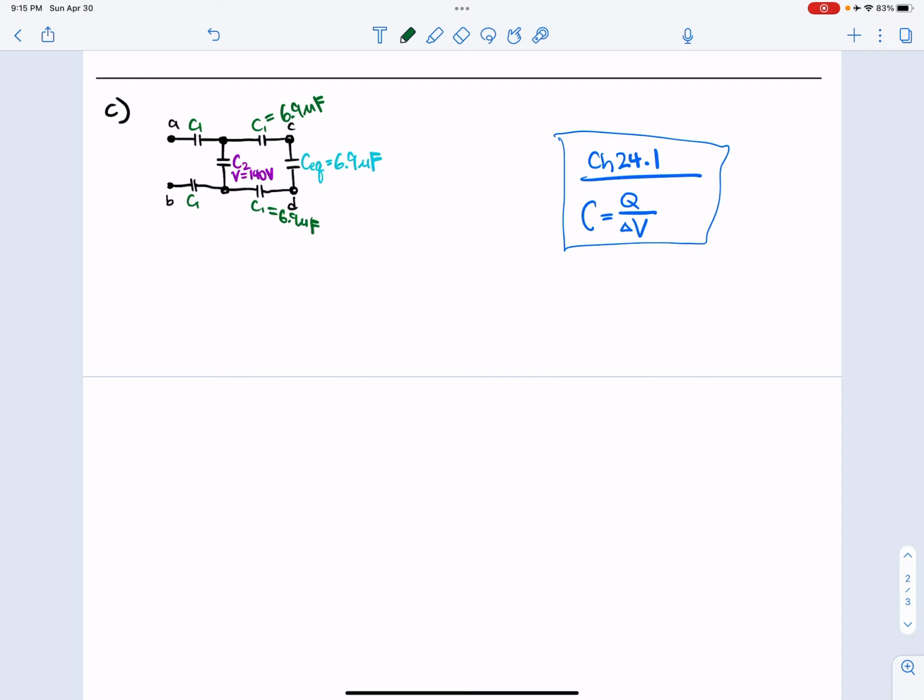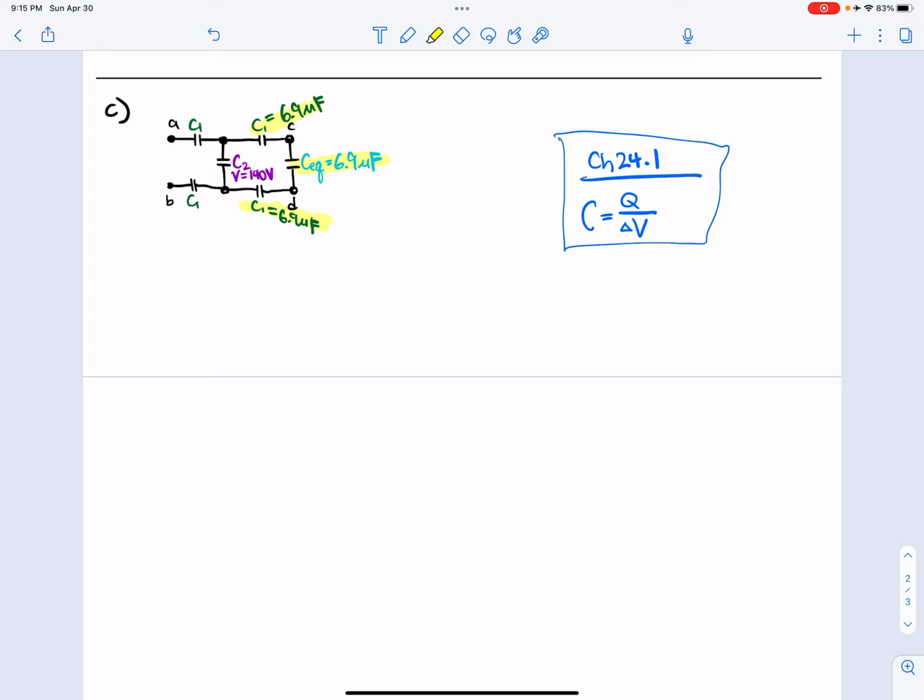And I have these capacitors in series, so the capacitance for these three rightmost capacitors of the circuit is equal.